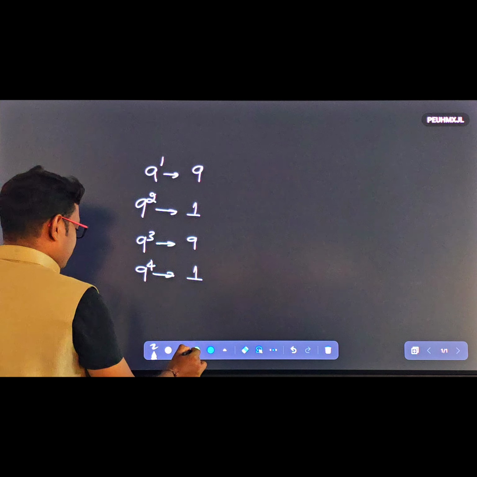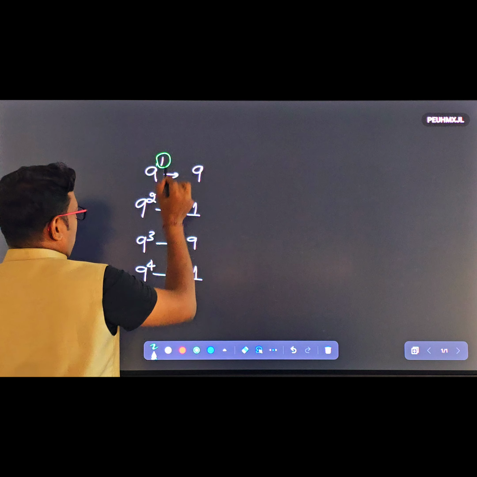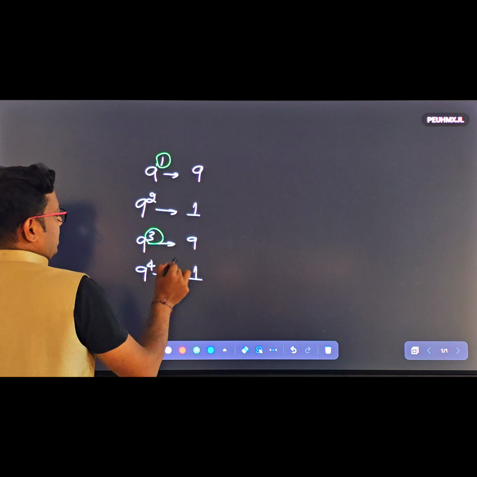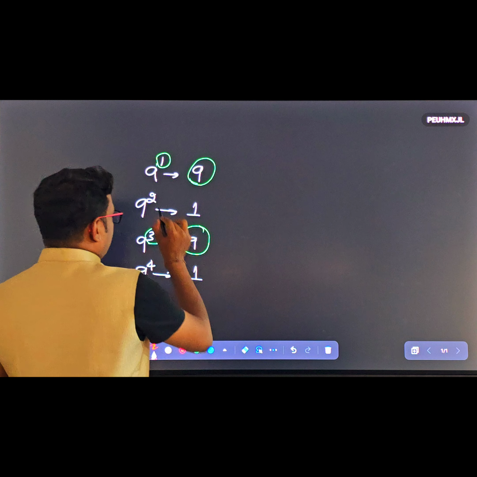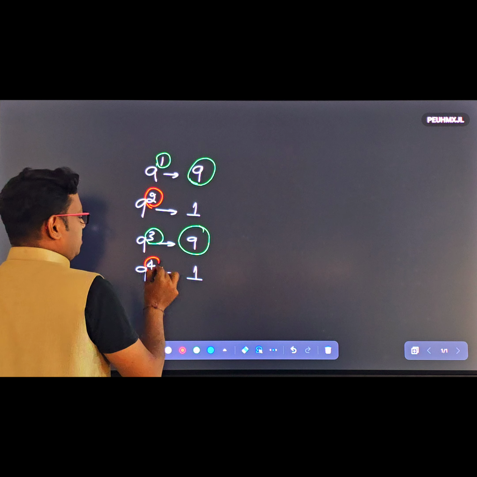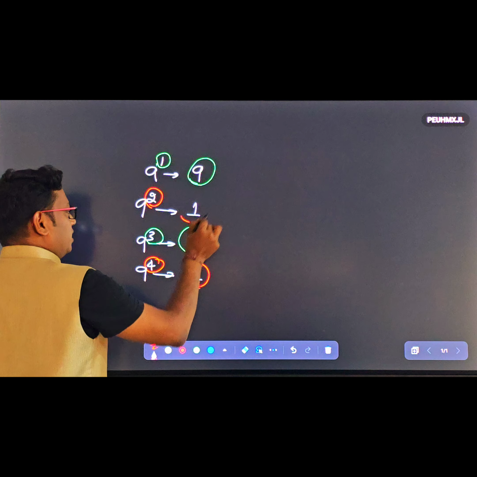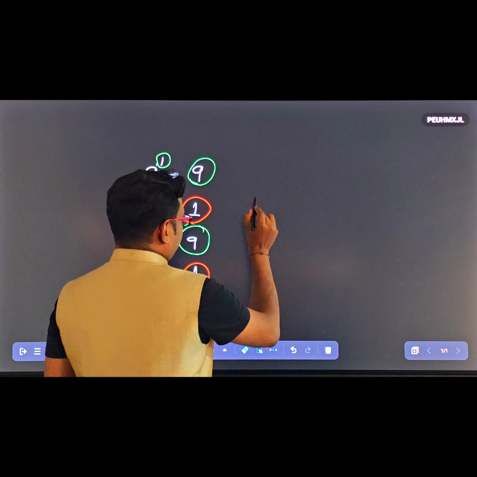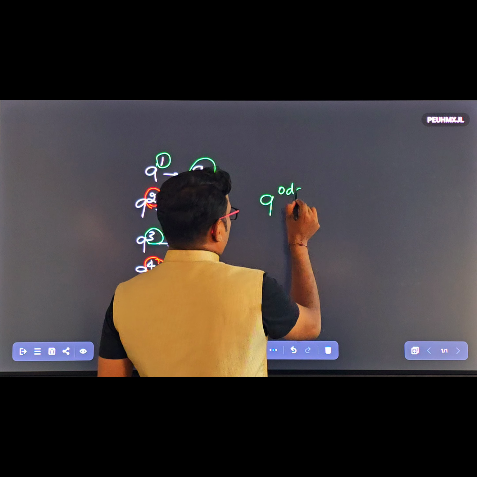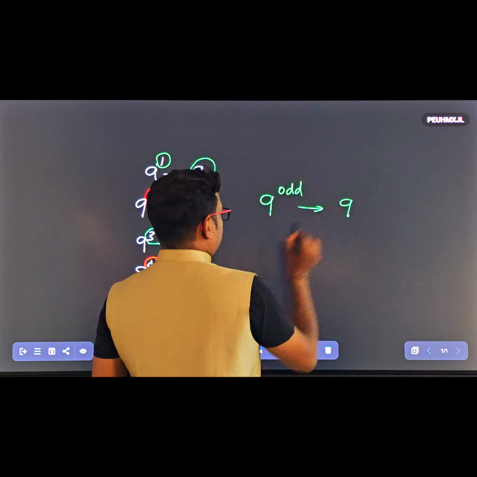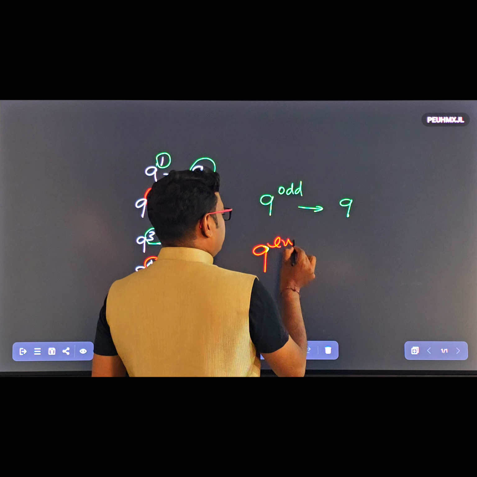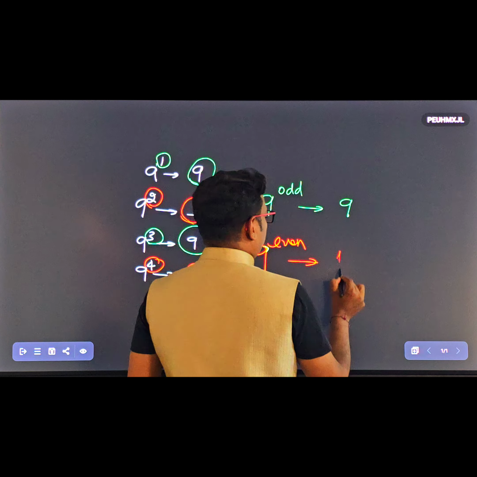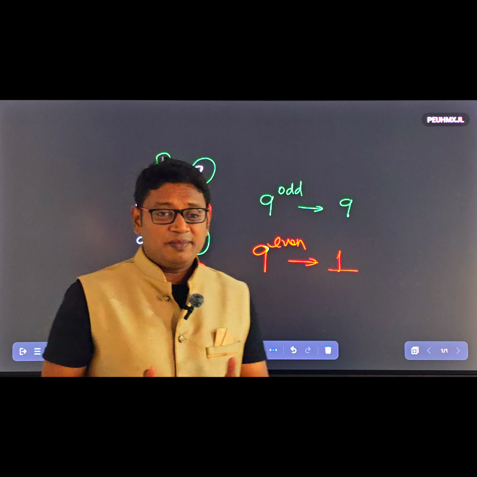Please observe here. 9 power odd number is 9 in the units place. 9 power even number is 1 in the units place. That's it. Game is over.